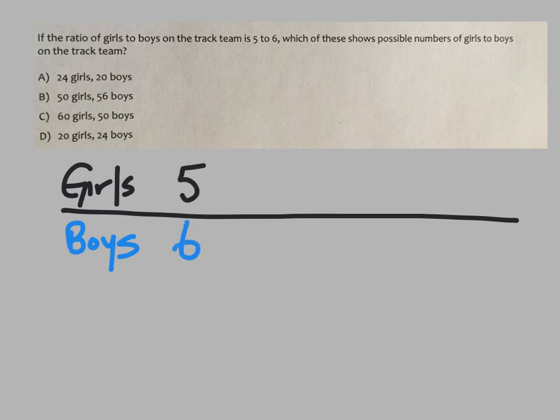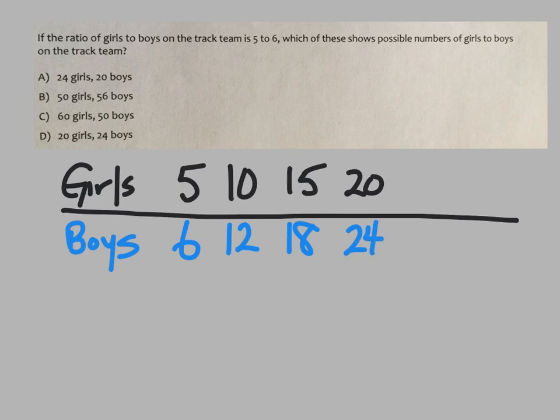So what if I had another 5 girls? Would I have another 6 boys? And another 5 girls? Another 6 boys? Certainly seems like that would be true. And so every time I add 5 girls, I'm going to add 6 boys.